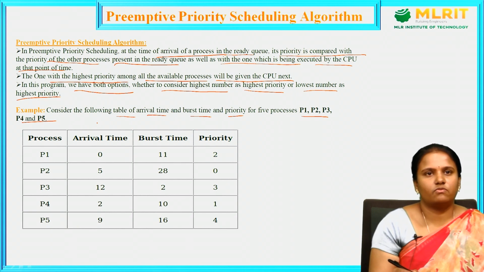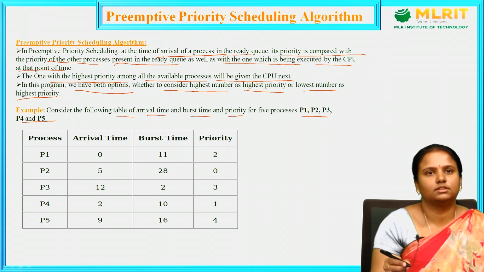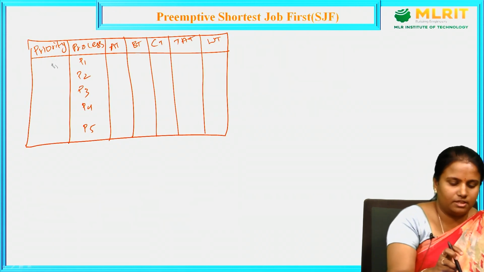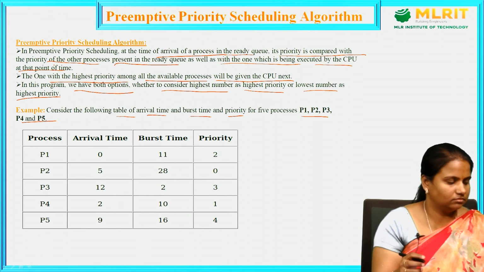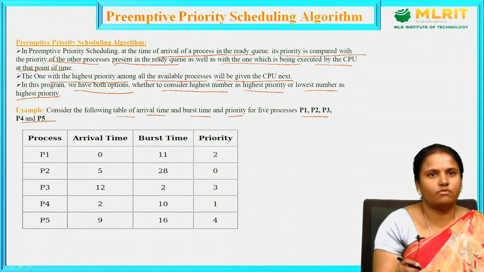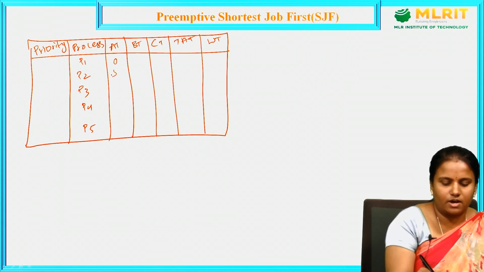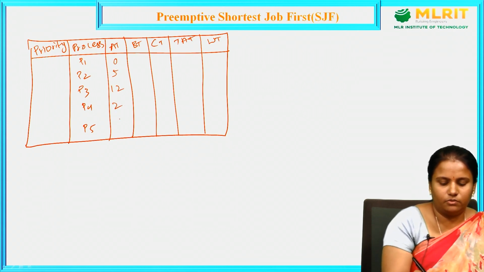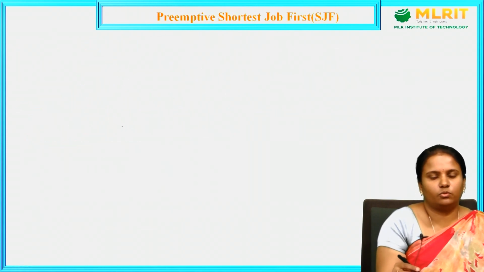The arrival times are 0, 5, 12, 2, 9. These are not priority values. The burst times are 11, 28, 2, 10, 16.